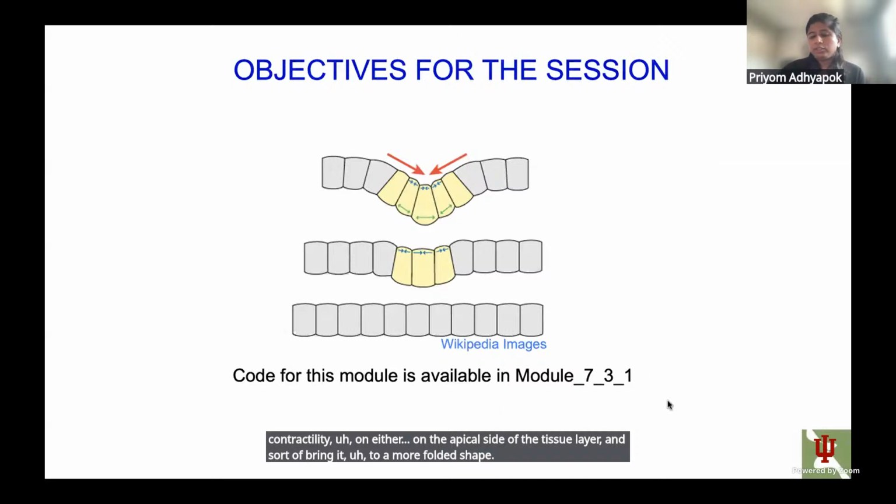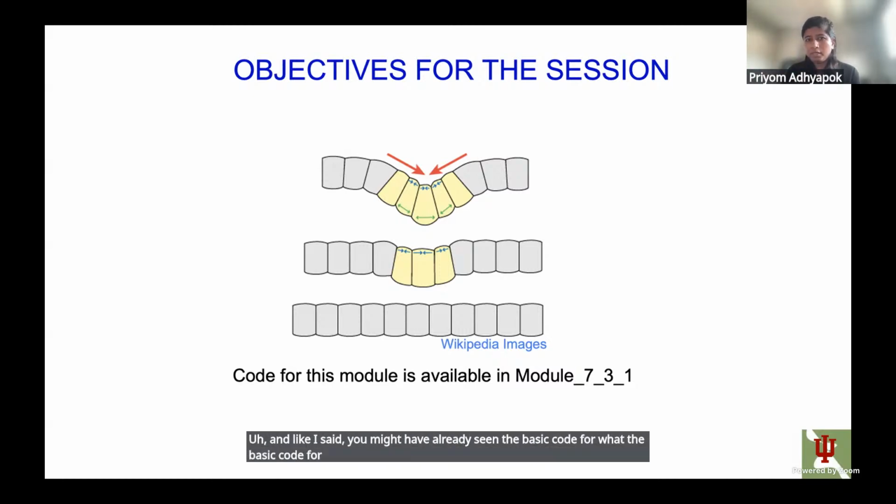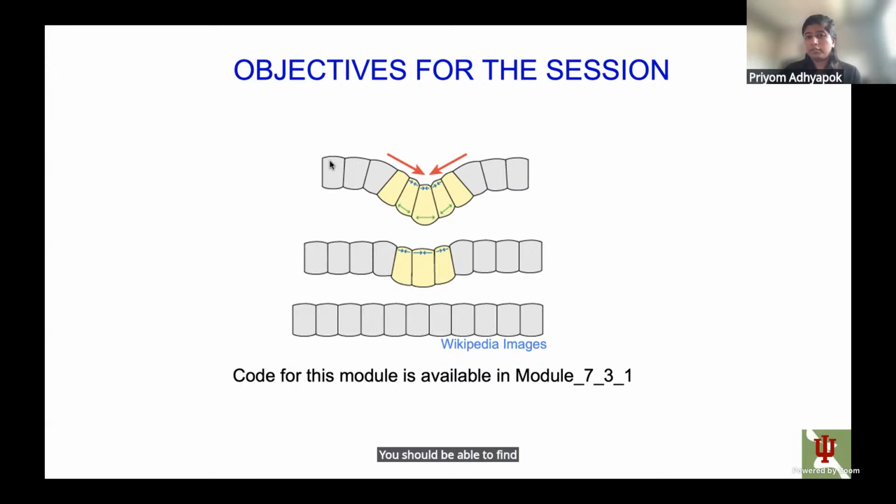And like I said, you might have already seen the basic code for building the epithelium. But if you would like to look at it again, all the code for the session has been uploaded under the demos folder. If you look at module_7_3, you should be able to find the five different codes that we'll be using.